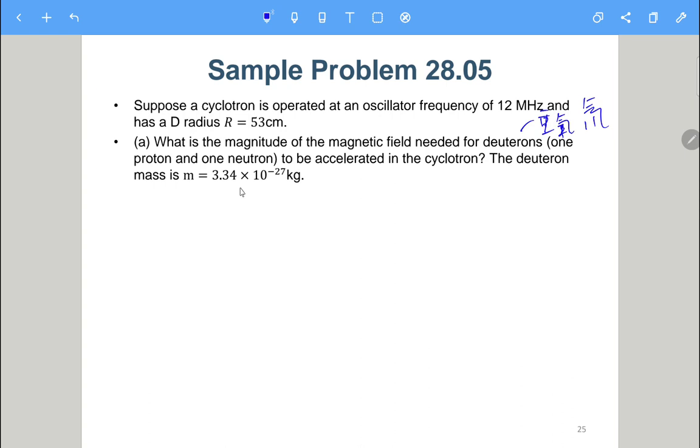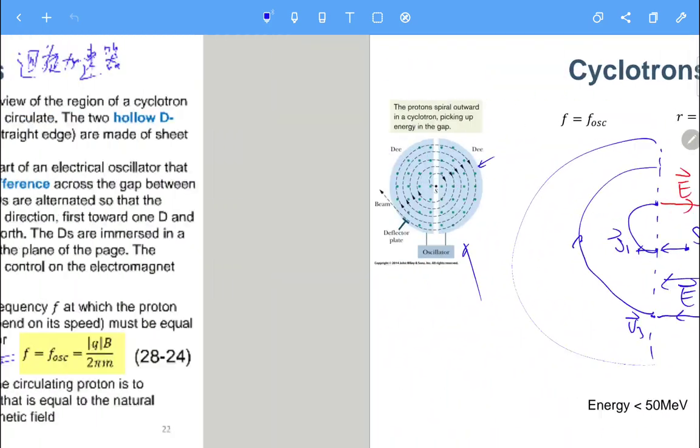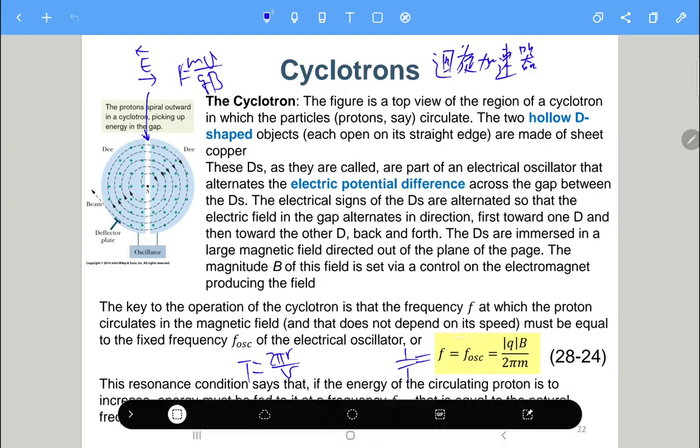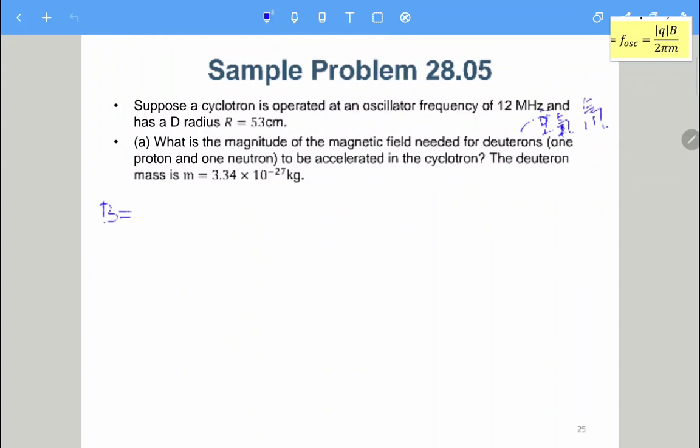Okay, so we have B equals... here we have F oscillator equals QB over 2 pi m.